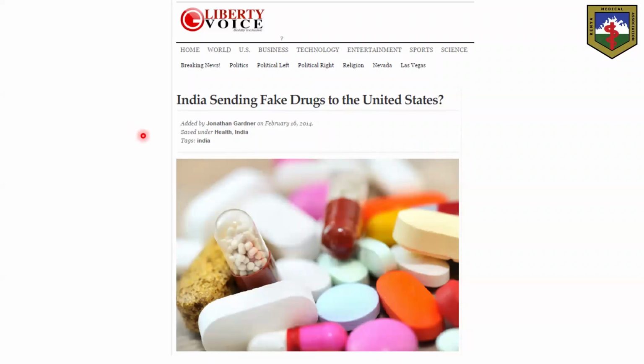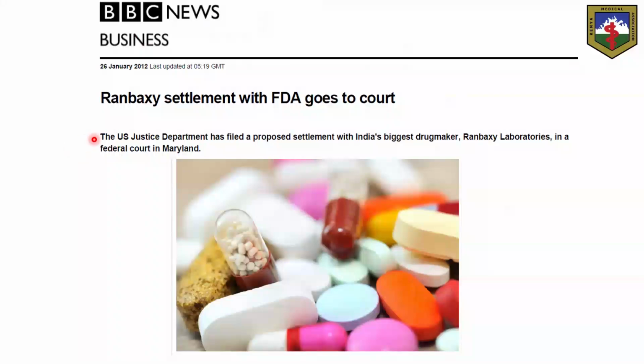And this became a very big case. I think there was news about a settlement in court between Ranbaxy and the FDA. And you can imagine the impact of having chalk instead of pills being distributed to treat people.